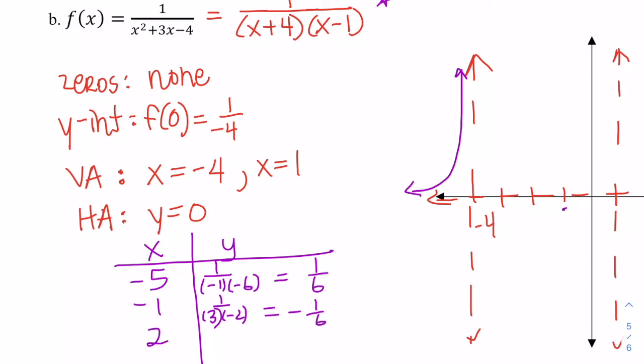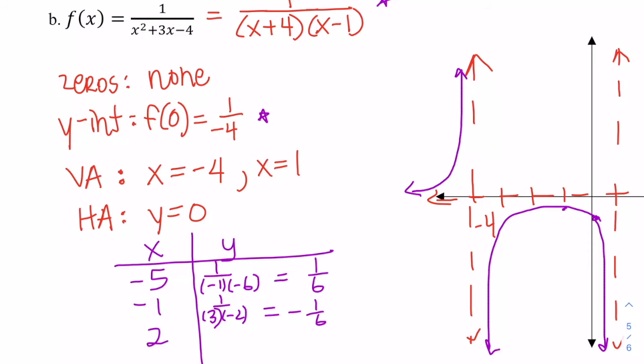And we actually already have the y-intercept as well. So that'll be about here. So we can imagine that this part of the graph, and let me just draw that a little bit more cleaner, will stay below the x-axis.